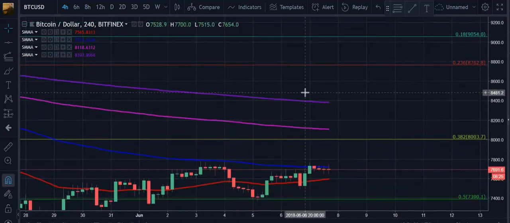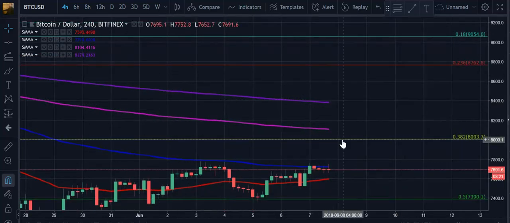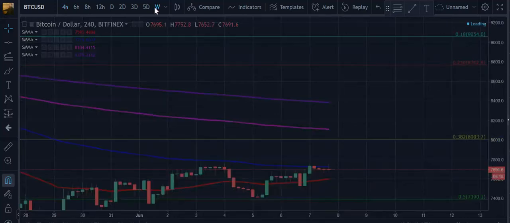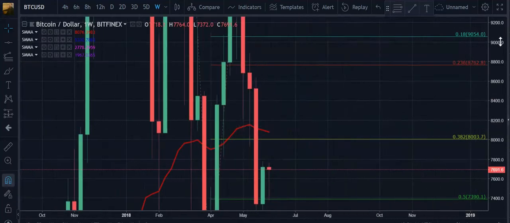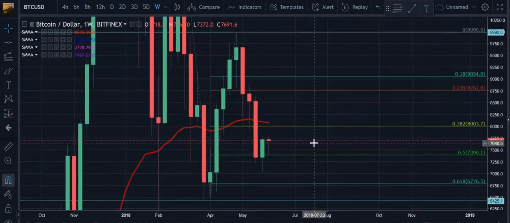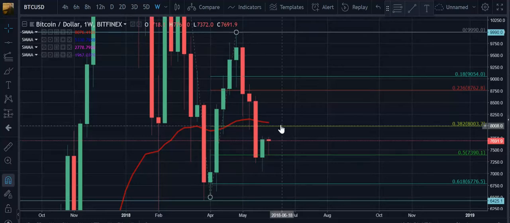So the safest trade you can take at this time is to go short at 8,000. I go back to weekly. Bitcoin is here now. So this is the safest trade. I got many confirmations on different time frames that this is gonna hold 8,000.